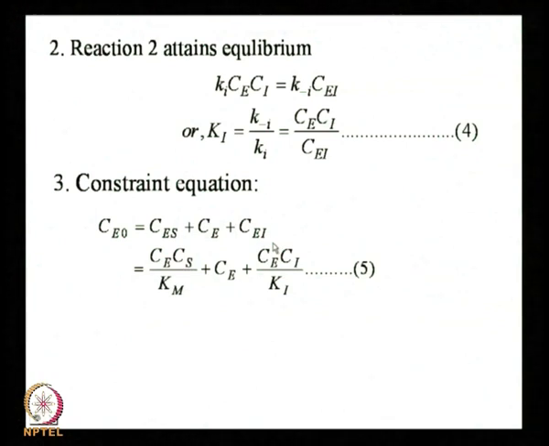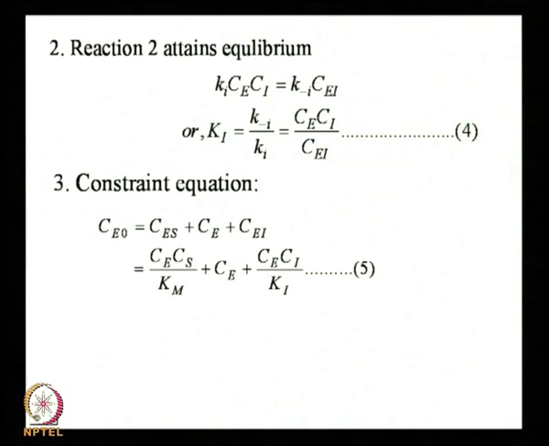So initially if I put CE naught amount of enzyme into the system, it has to be present in all the different forms that the enzyme is present, which could be complexes. We have two complexes here, CES and CEI, or the enzyme in the free form. So between these three forms it has to be there, it cannot vanish anywhere.